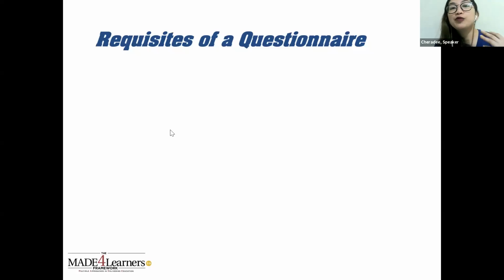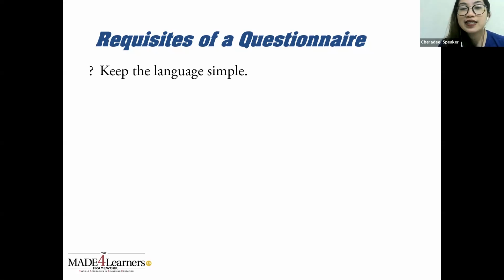next. What are the requisites in a questionnaire? Actually, there is also a standard in making a questionnaire. Okay? So first, you have to keep your language simple, especially if your respondents are, let's say, farmers, janitors, junk shop owners, or garbage collectors, as our students usually want to create designs for them.